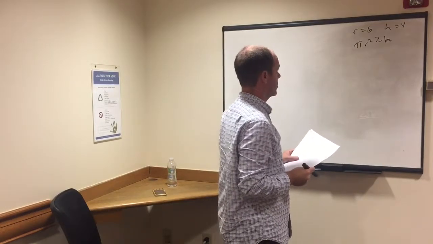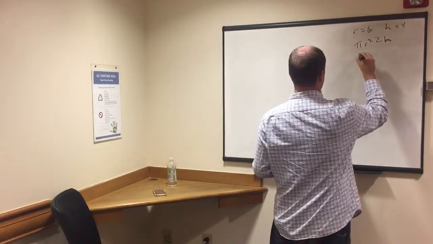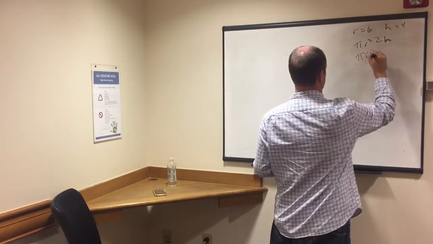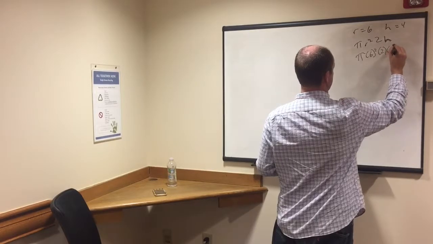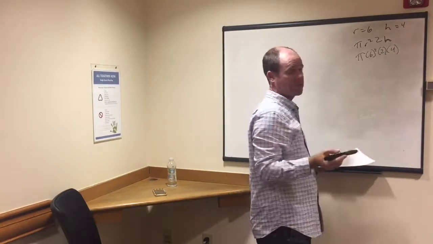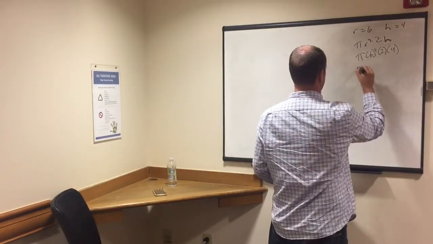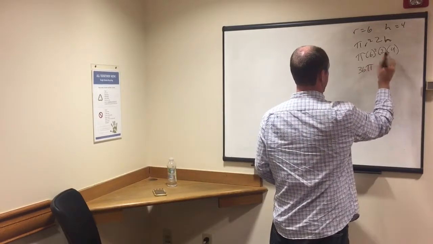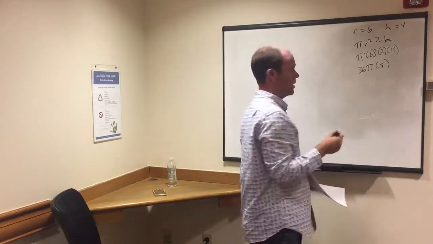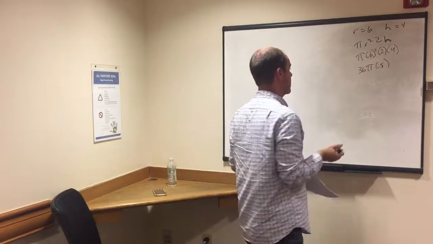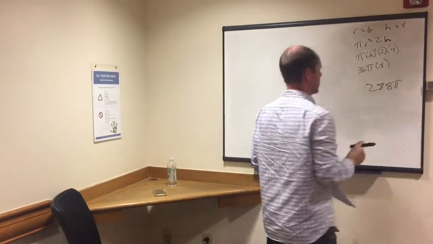Okay, so if we look at this, we have radius of 6, so pi times 6 squared times the height, which is 4. Okay, and then we just go ahead and solve this out. So we got 6 squared is 36, so that's 36 pi, times 4. And now we're just going to multiply 36 times 4 and throw a pi on there at the end, and that is 144 pi.